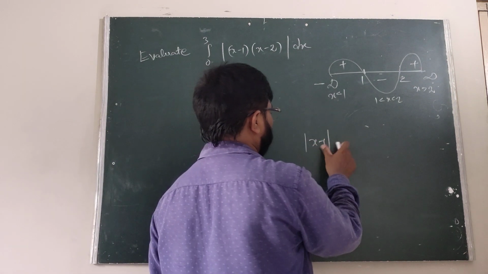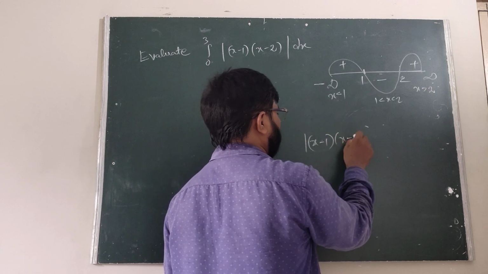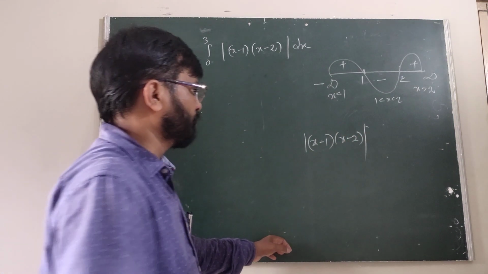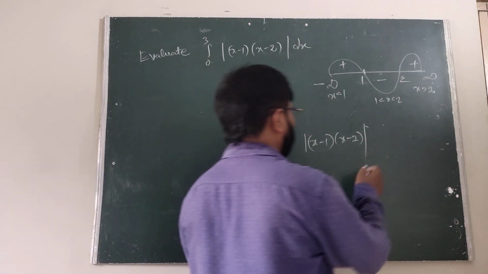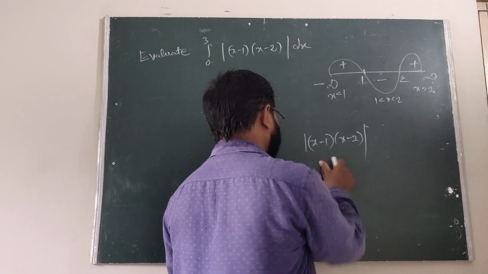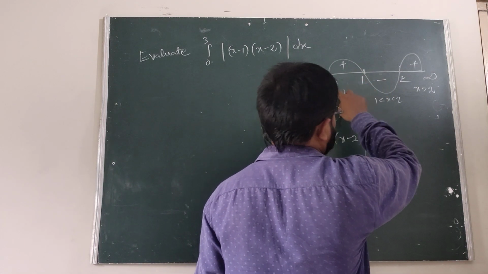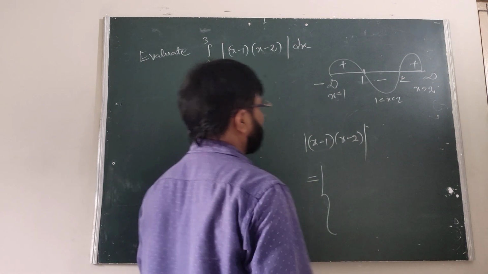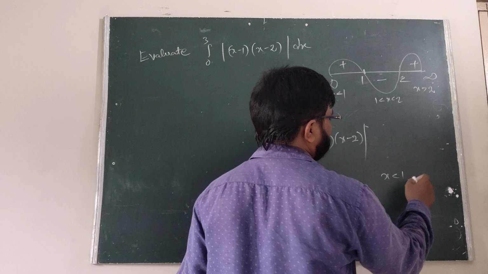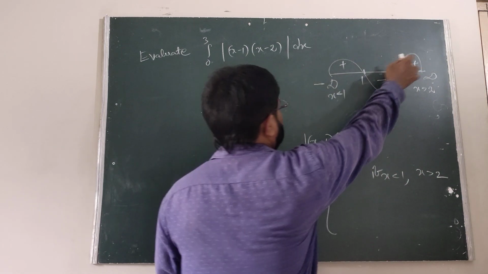The modulus of (x minus 1)(x minus 2) can be written as plus in the case of x less than 1 and x greater than 2. That means if x is less than 1 or x is greater than 2, you can take the plus sign.